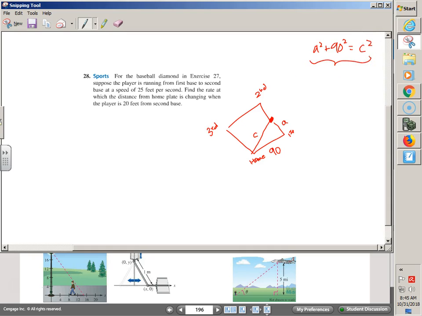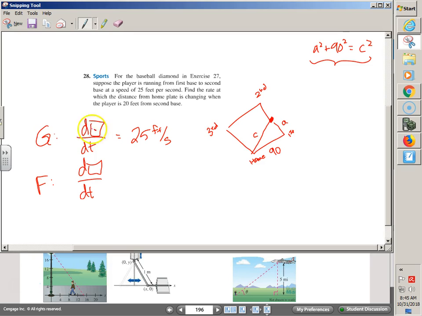But my clues for my given, do you guys see how there's a pattern? There's such a pattern, right? So what rate do they give me? Well, it's 25 feet per second, and what is it? How fast the player is running from first to second base.